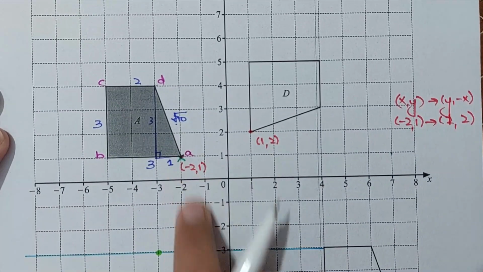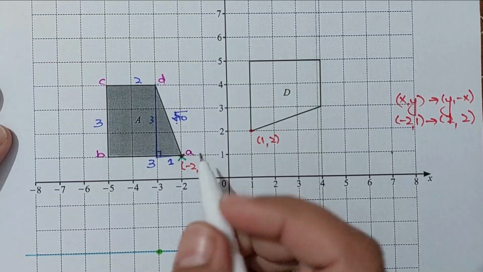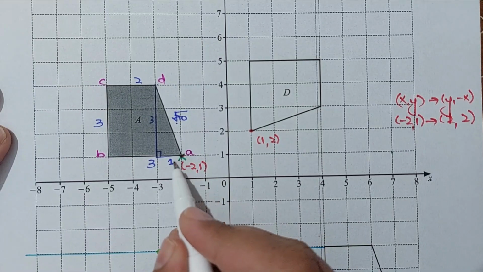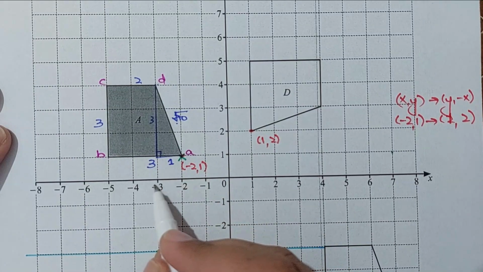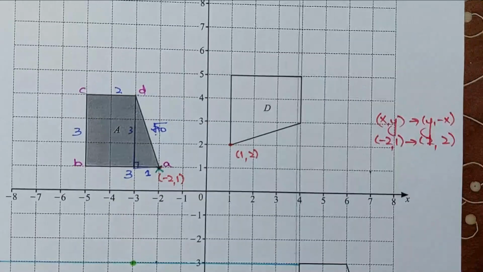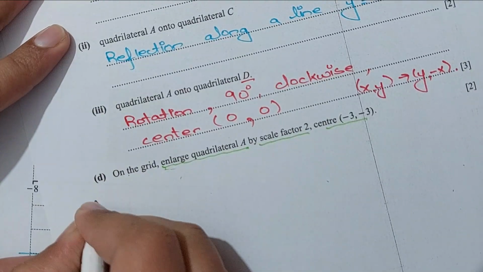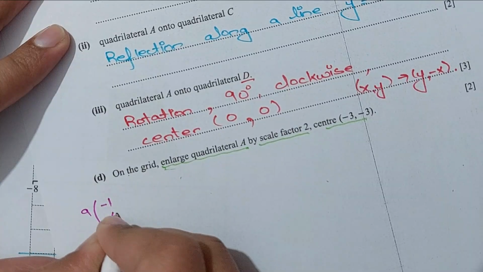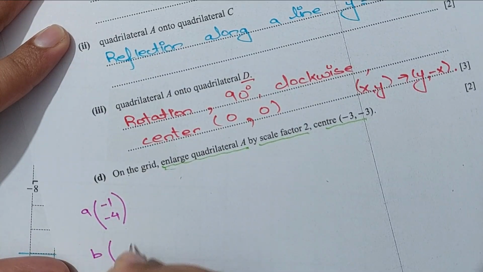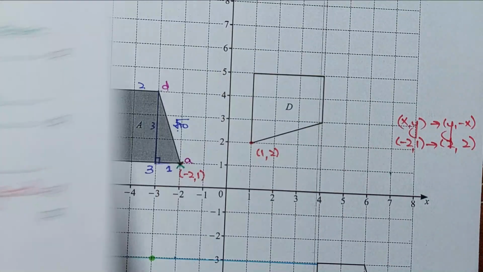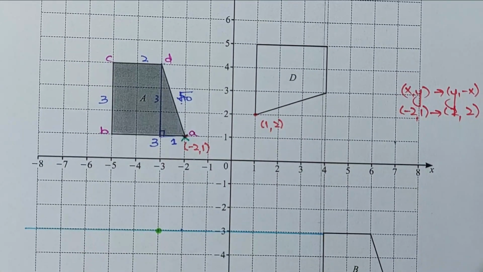So from A to the center, we have to find out the distance. First we move 1 unit left, and then 1, 2, 3, 4 down. So the A distance is 1 left and 4 down. Then the same with the B, C and D distances.